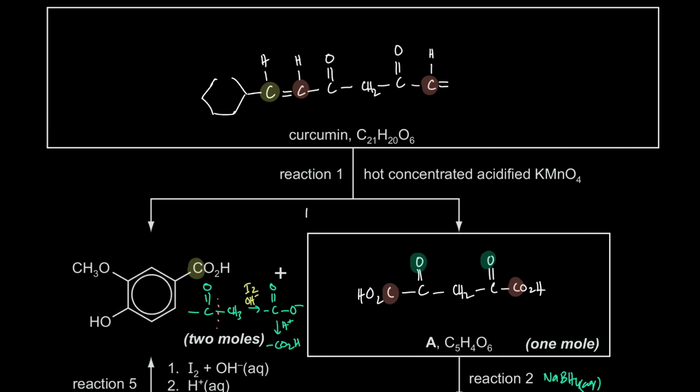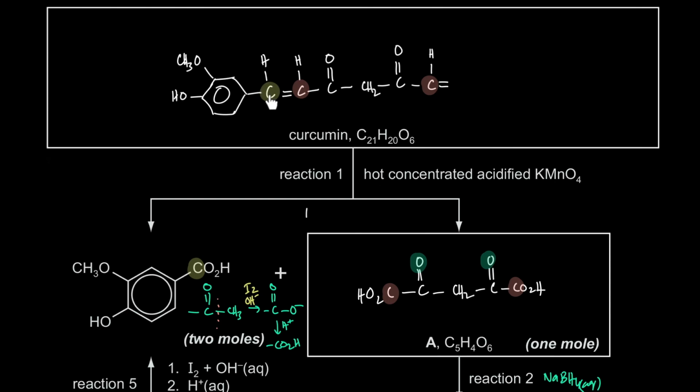We have a 6-carbon ring, and then we have an OH group on the carbon opposite. Remember, curcumin has a phenol, and then we have a CH3O. Remember, the CH3O group can be regarded as unreactive. And we're getting 2 moles of this compound.